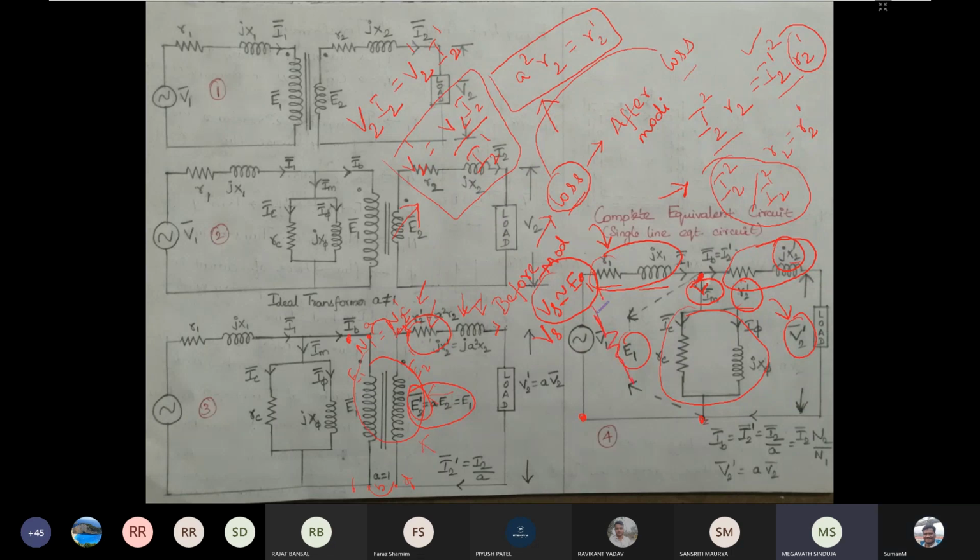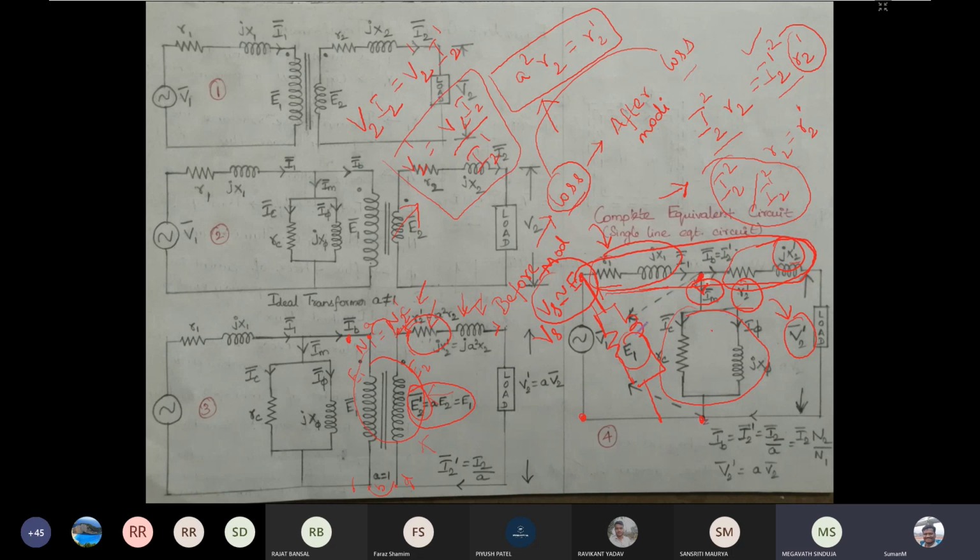Now across the source, we are connecting the shunt element in parallel. If you keep this shunt element in parallel with this source, you can see these complete elements are in series connection, because we are moving this shunt element from this end to this end, since the voltage drop across the series element is less. The voltage across the source will be approximately equal to the voltage across this shunt element. Since both are same, we are moving this shunt element parallel to the source.